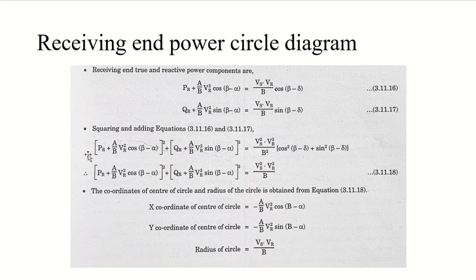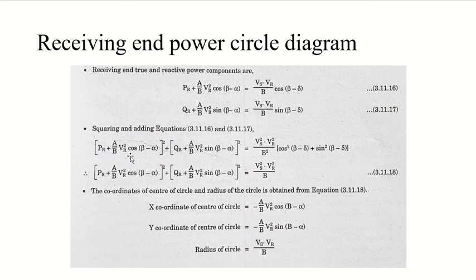See here, we will have the whole square of this term plus the whole square of this term, and here we will apply the formula of a plus b whole square is equal to a square plus 2ab plus b square. You will get PR plus A divided by B VR square cos beta minus alpha whole square plus QR plus A divided by B VR square sine beta minus alpha whole square.